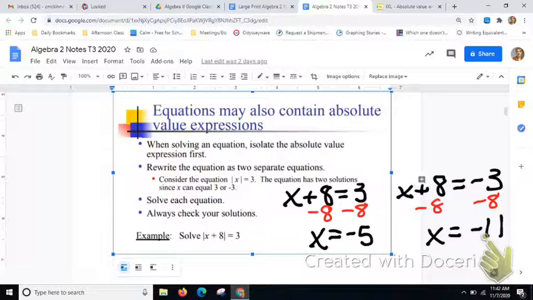And then I could test those. -5 plus 8 is -3. The absolute value of -3 is 3. -11 plus 8 is -3.